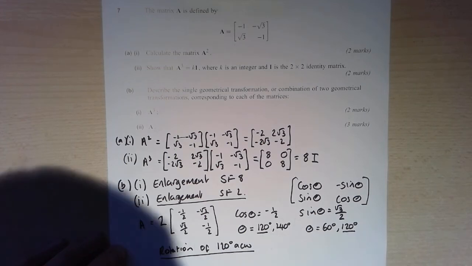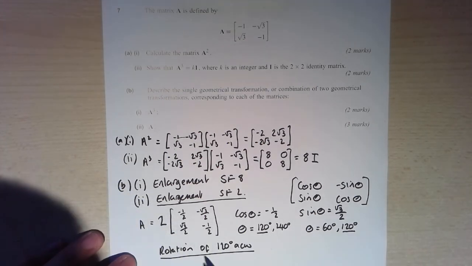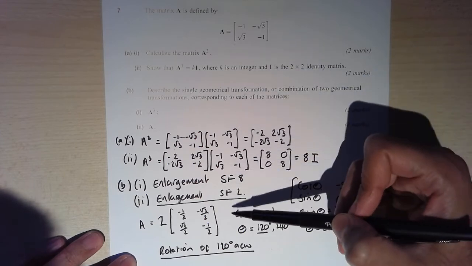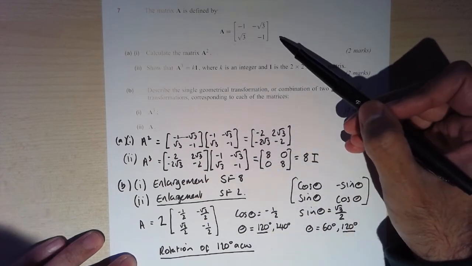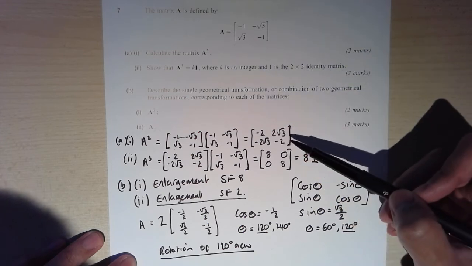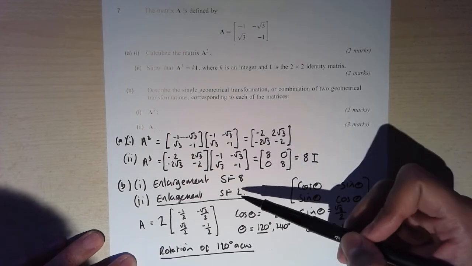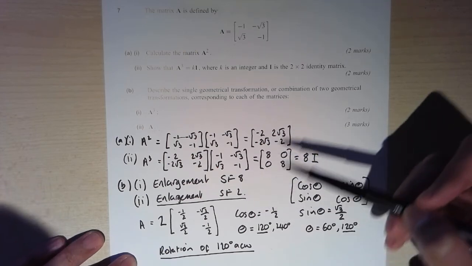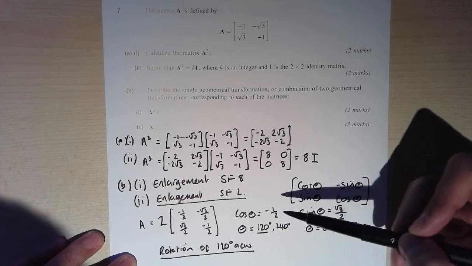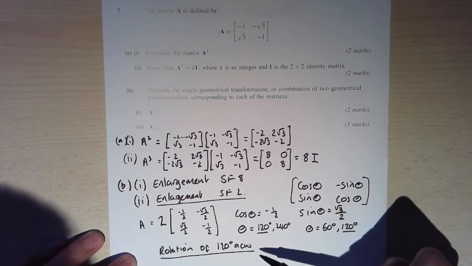Okay, so this does make sense, because if each time I did this I enlarged by a scale factor of 2 and I rotated 120 degrees anti-clockwise, then by the time I get to A squared, which is this one over here, that would be an enlargement of a scale factor of 4, because 2 times 2 is 4, and it would be a rotation of 240 degrees anti-clockwise, because I would have rotated twice.